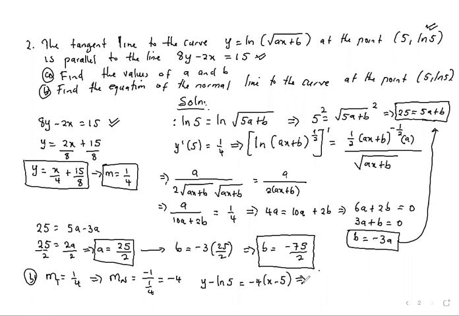If we so wish, we write it as y is equal to positive ln 5 minus 4x plus 20. So nothing changes in fact. This becomes the normal line, the normal line at the point given.